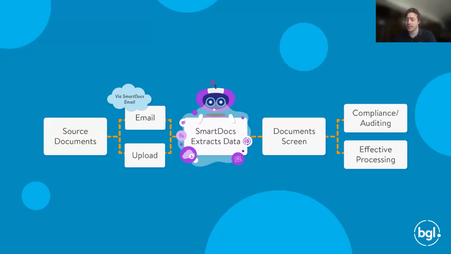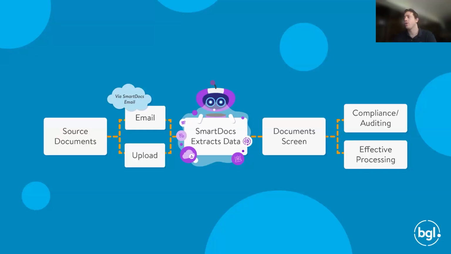Even if a document is not a supported document, SmartDocs will try to analyze it. Those documents that haven't been analyzed will all appear in the document screen. So once you upload the documents, SmartDocs will analyze them, and then all the documents that you've uploaded will go into the entity's document screen.